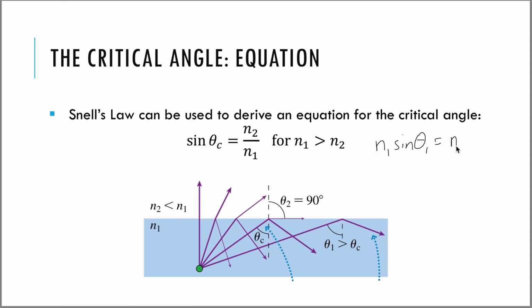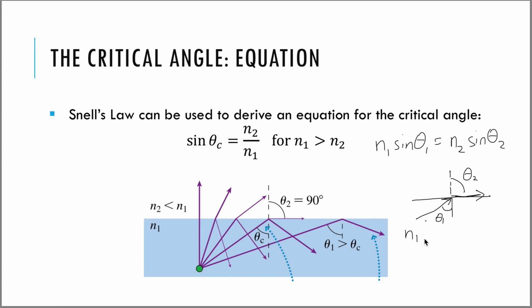Snell's law is n1 sine theta 1 equals n2 sine theta 2, and we're looking for an angle of incidence, theta 1, that results in the angle of refraction being 90.